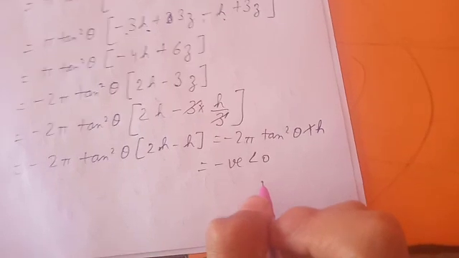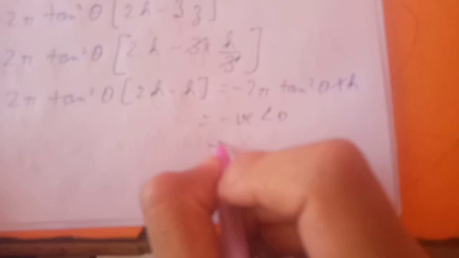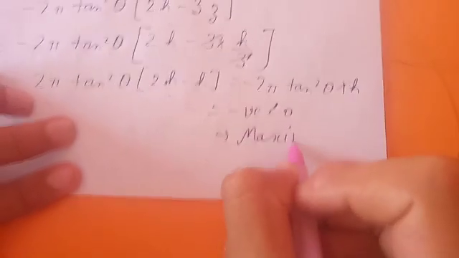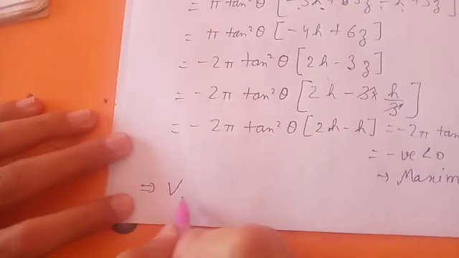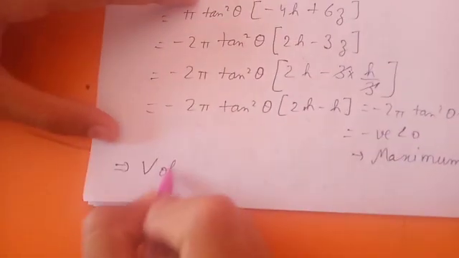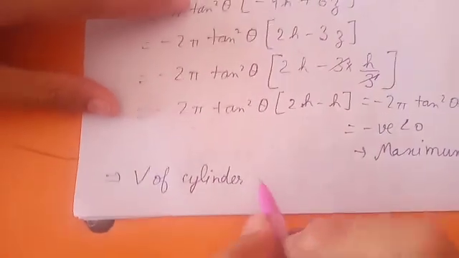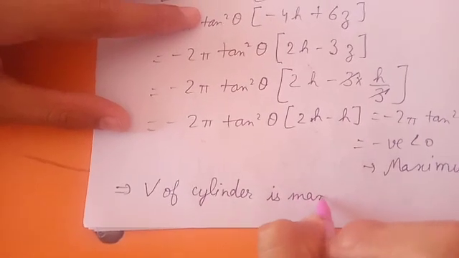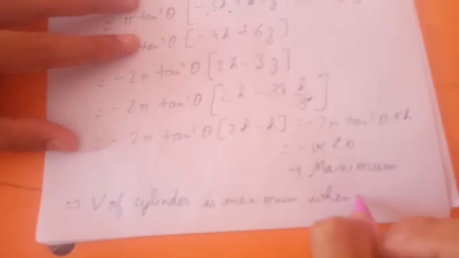And we know whenever our double derivative is less than 0, we have a point of maximum there. Okay, means volume of the given cylinder is maximum when z is equal to h by 3.